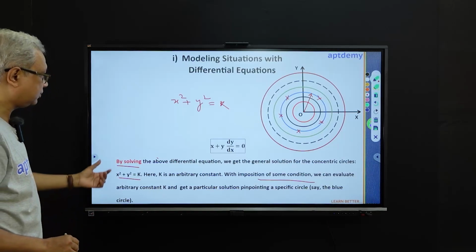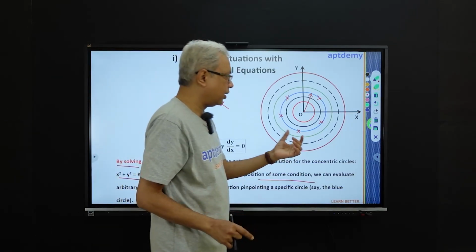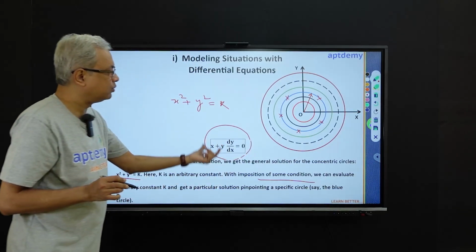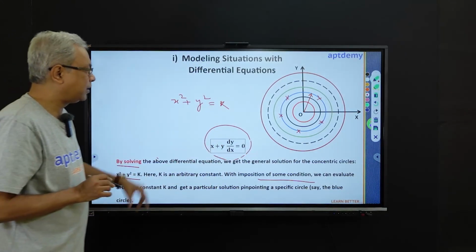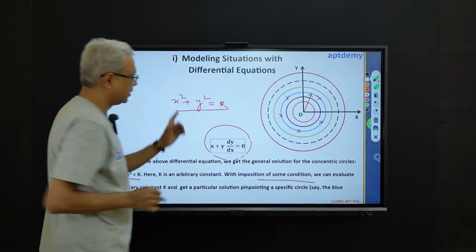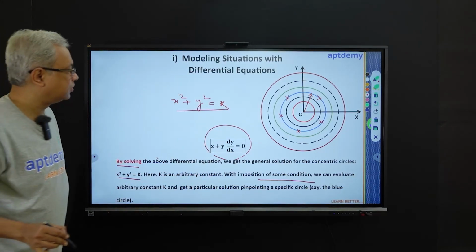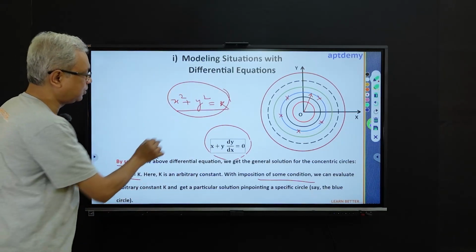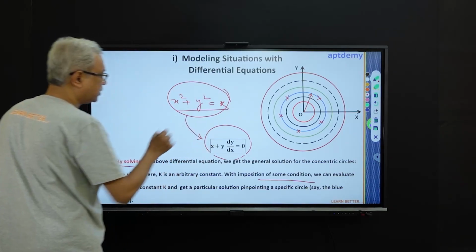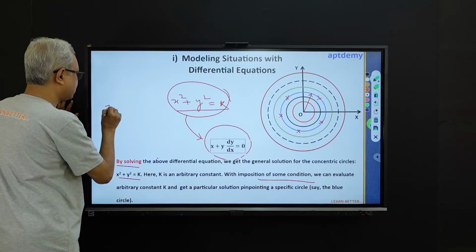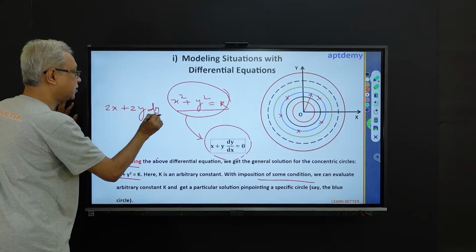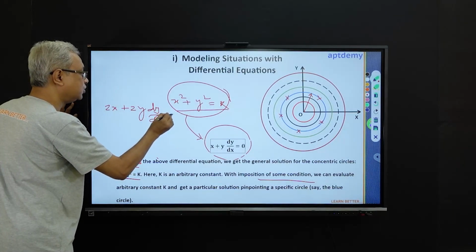At this moment we do not know how to solve this differential equation, but we can verify that this is a solution, because by differentiating this equation we arrive at, as we have already shown, 2x plus 2y dy dx equal to 0.